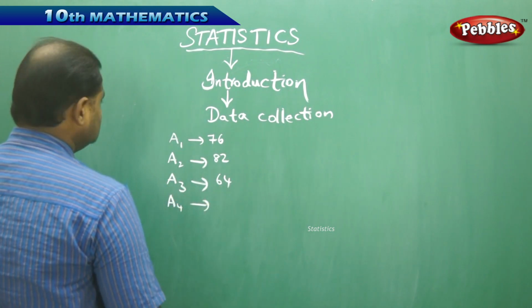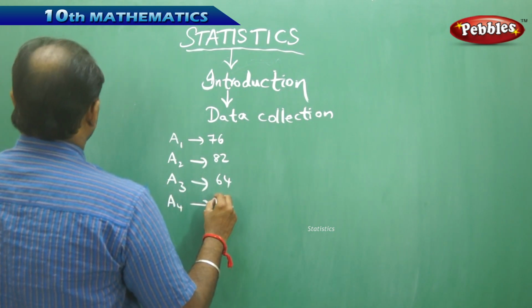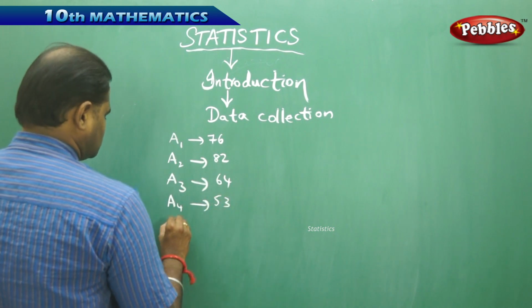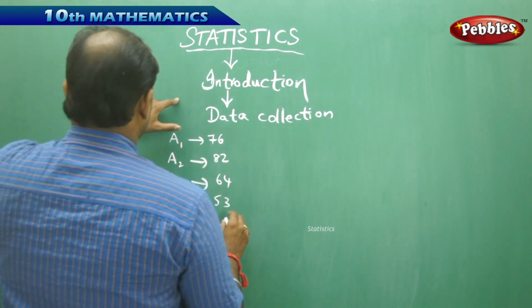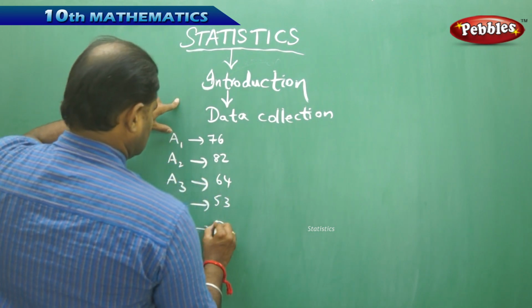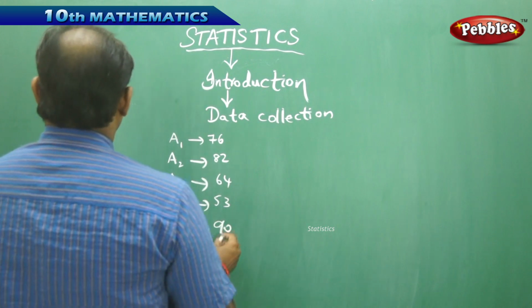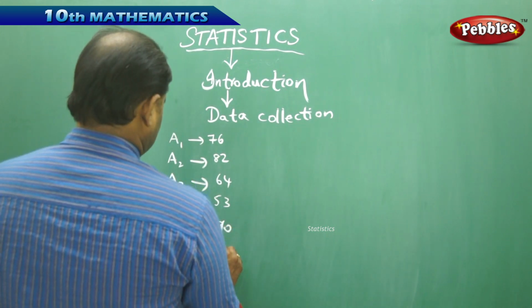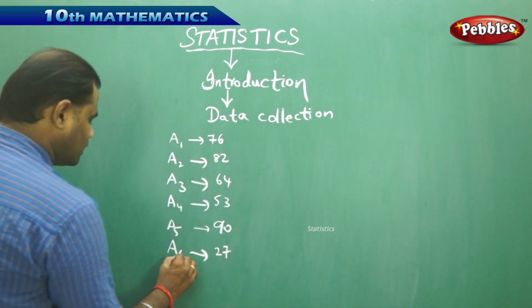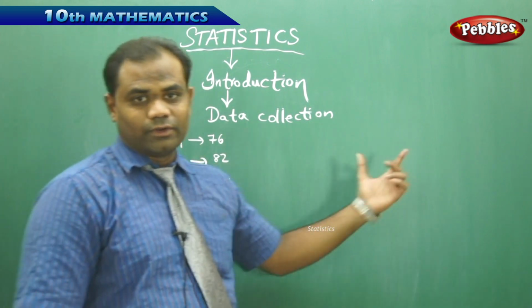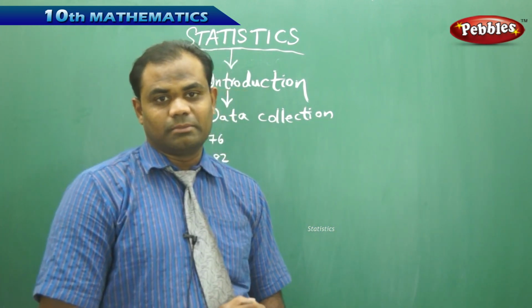and A4 with 53, and A5 with 90, and A6 with 27, and say, etc. There are different data collections through which the marks are obtained by the students.